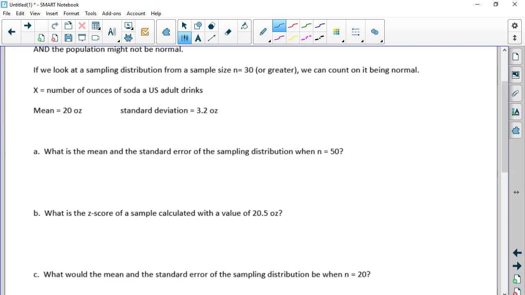Let's say X is the number of ounces of soda a U.S. adult drinks. The mean is 20, and standard deviation is 3.2. What is the mean and the standard error of the sampling distribution when n is 50?